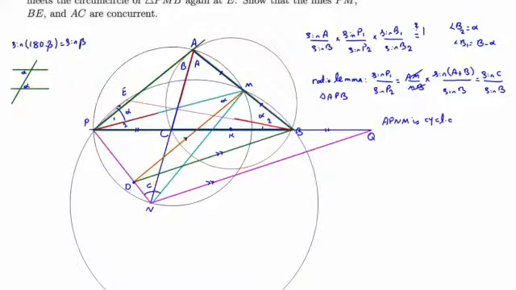Now, another part, I want to find this angle. If I want to find this angle, I can say again, this point, this point, this point, and this point are cyclic. So it is A, it is also A because they see the same arc.